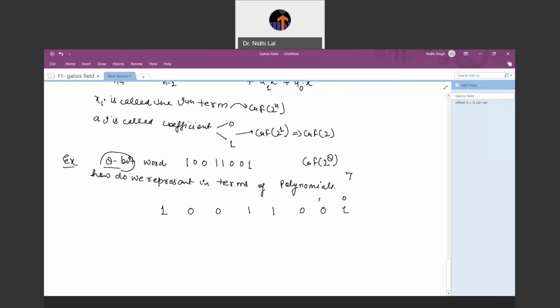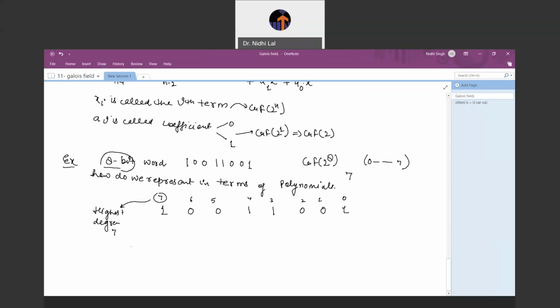Numbering 0 1 2 3 4 5 6 and 7. So you can see the highest degree is 7. Why is it 7 and not 8? Because an 8-bit word is represented using 000... up to highest value minus 1, that is 7.